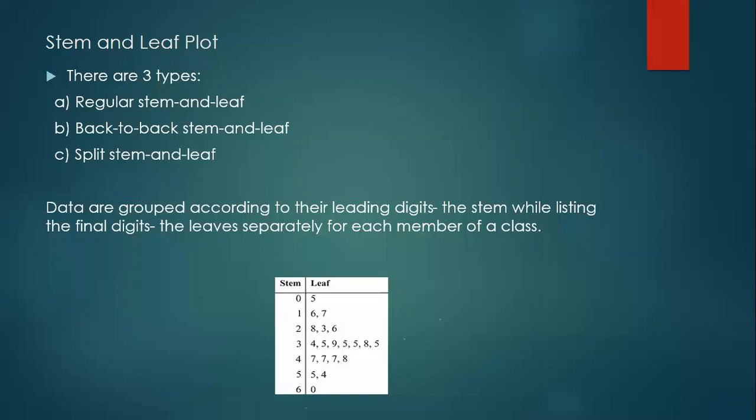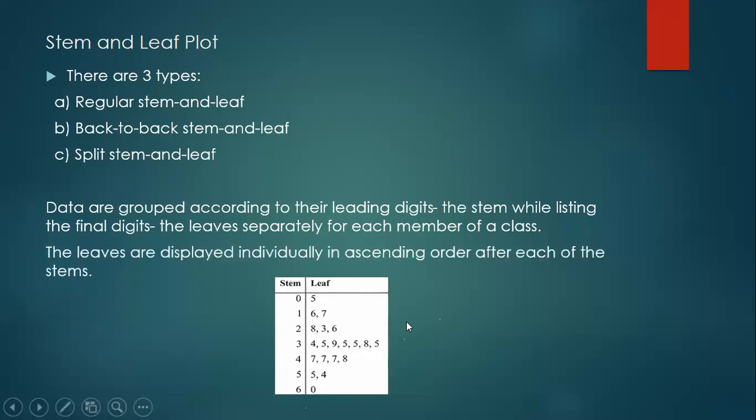The stem represents your tens, while the leaf represents your ones. The leaves are displayed individually in ascending order after each of the stems.